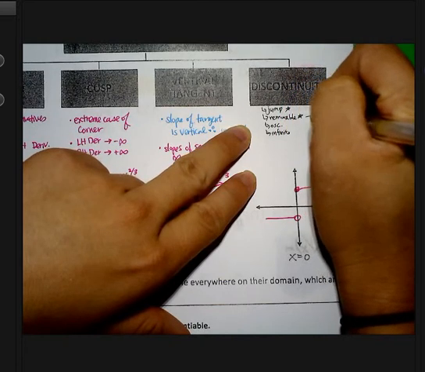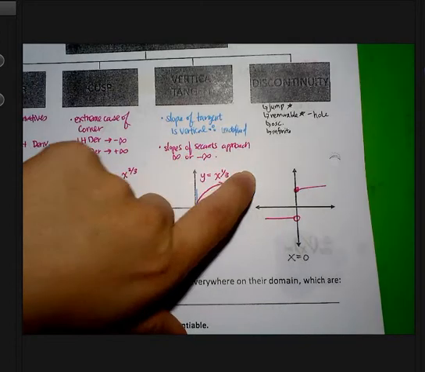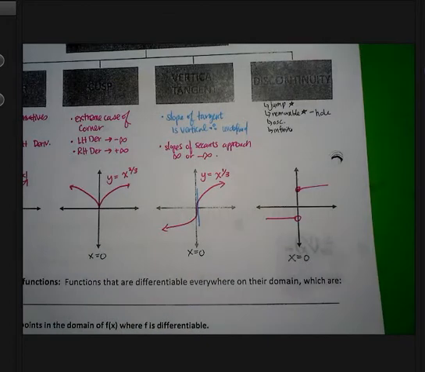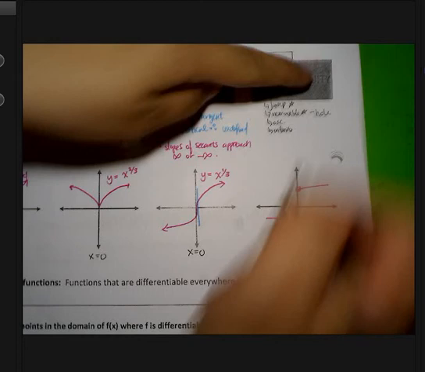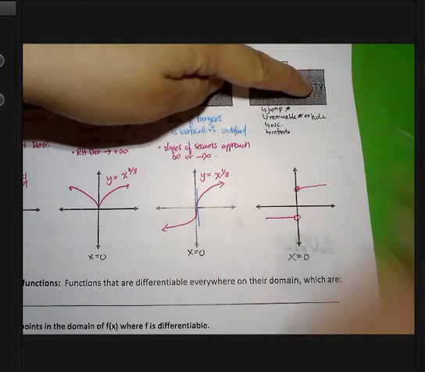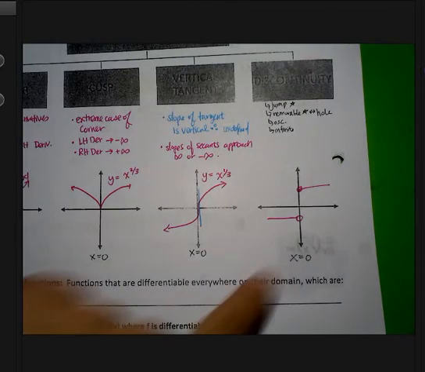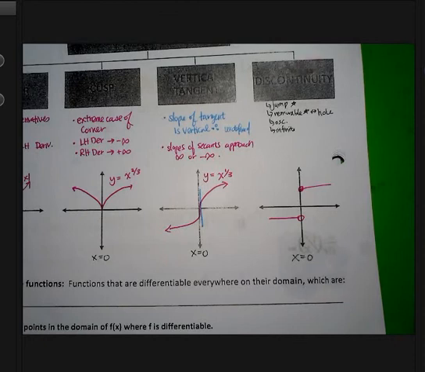Removable is another word for a hole. It's removable, but it's still discontinuous, so we could call that a hole. So I gave you an example of a jump discontinuity, but we could have very well put the other ones there. The jumps and holes, or jumps or removable discontinuities.